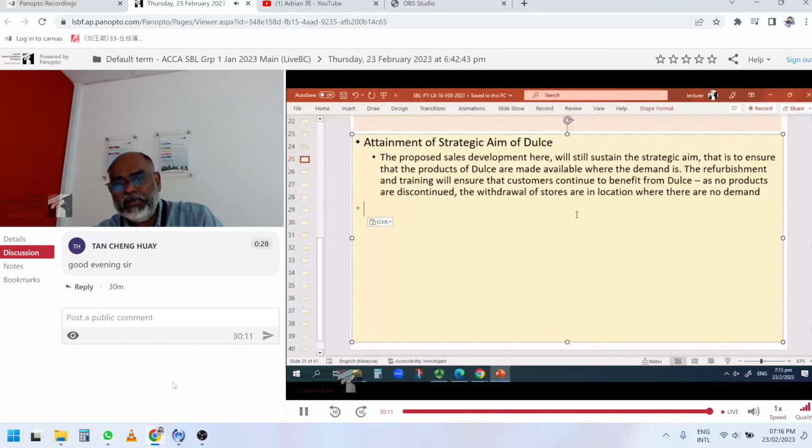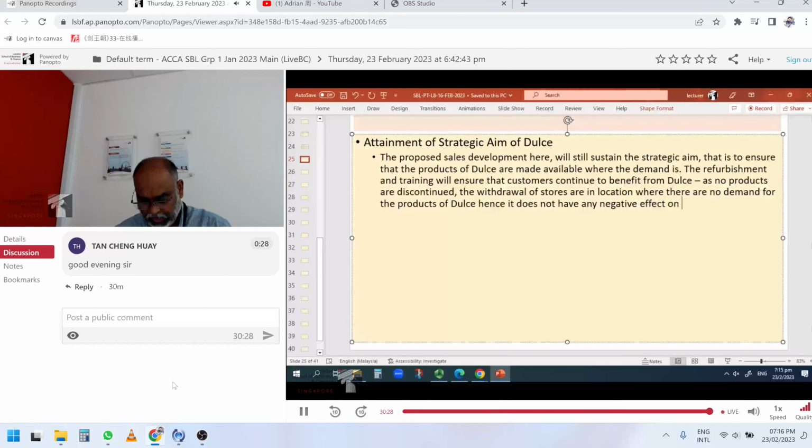The withdrawal of stores are in locations where there are no demand for the products of Dulce. Hence, it does not have any negative effect on the strategic aim.